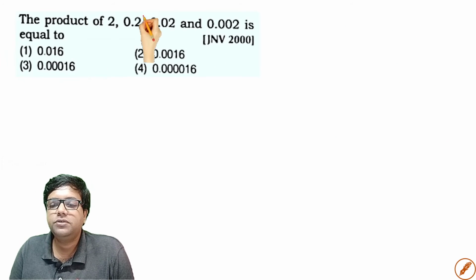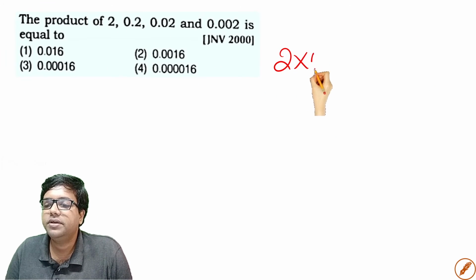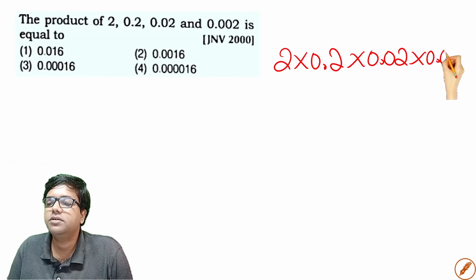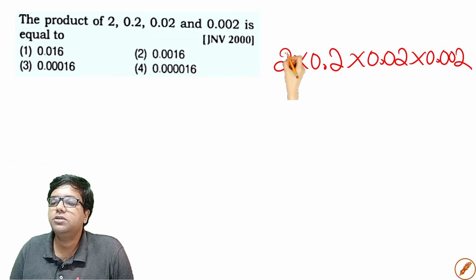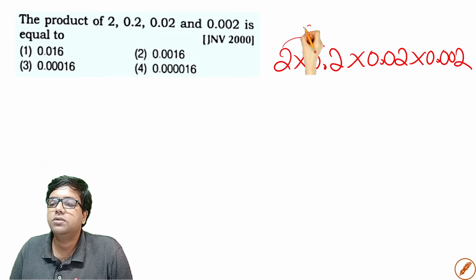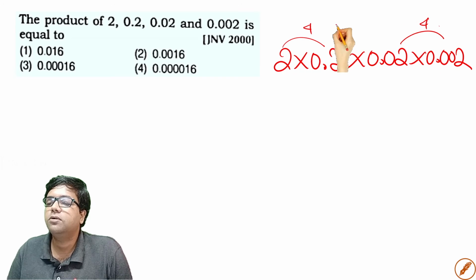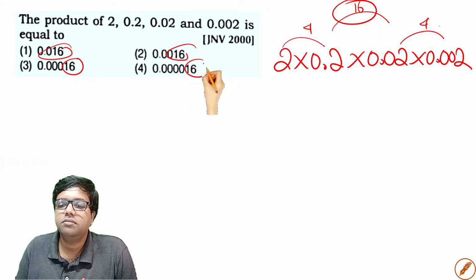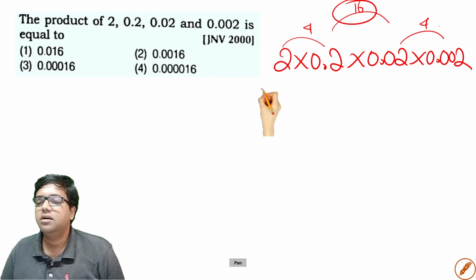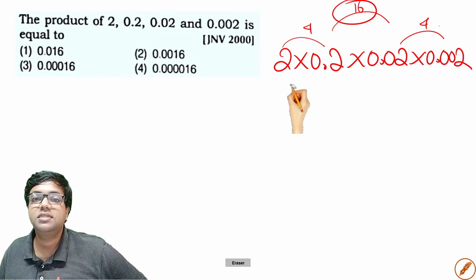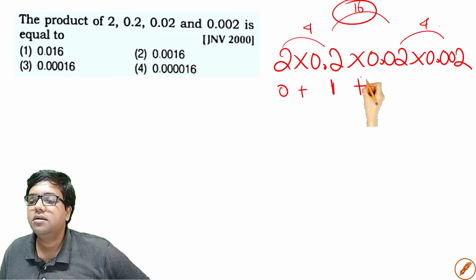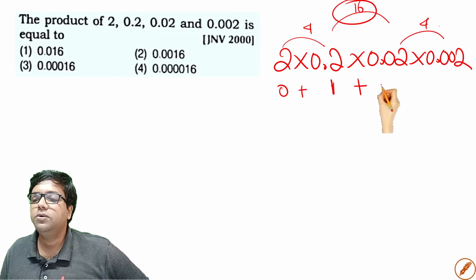The product of 2 into 0.2 into 0.02 into 0.002. So first do only the 2s. 2 2s is 4, 2 2s is 4, 4 4s is 16. So the answer, somewhere 16 should come. Anyways 16 should come. But now the point is about the decimals. 0 decimals plus 1 digit after the decimal, plus 2 digits after the decimal, plus 3 digits after the decimal.